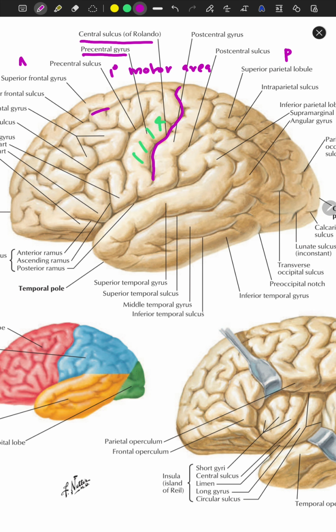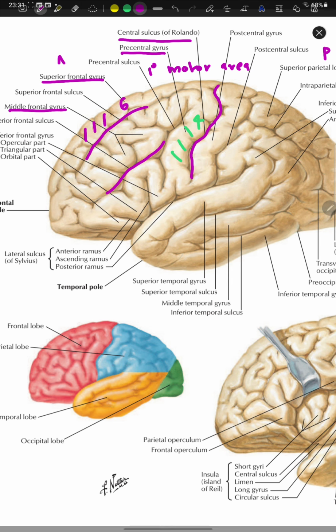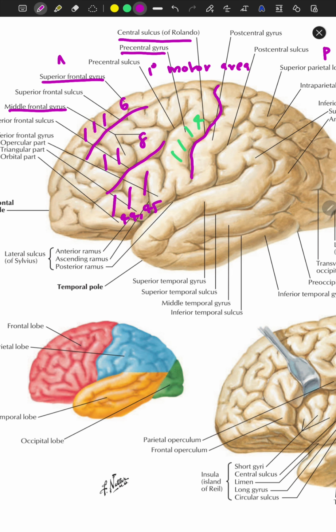Here you can see two sulci, the superior frontal sulcus and the inferior frontal sulcus, which divide this into three gyri: the superior frontal gyri, area number 6; the middle frontal gyri, area number 8; and the inferior frontal gyri, area number 44 and area number 45.